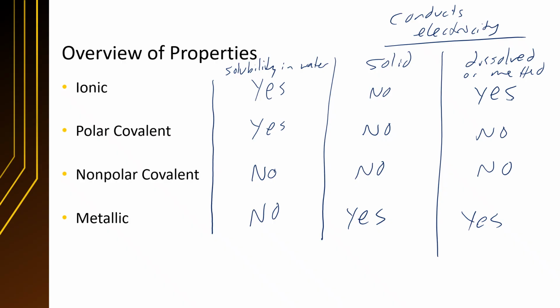So that should be enough to be able to distinguish between the four types of solids. So testing whether or not it dissolves in water, testing whether or not it conducts electricity as a solid, and testing whether or not it conducts electricity when dissolved or melted. And we can determine from that which one is which.